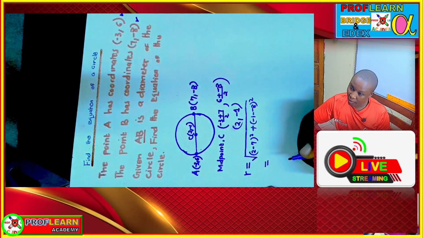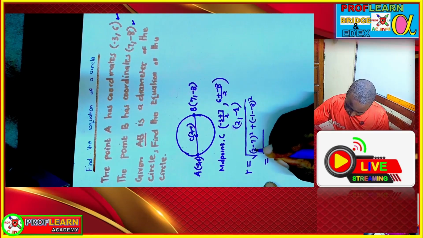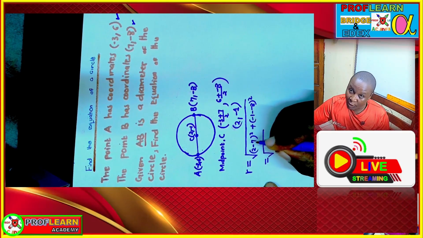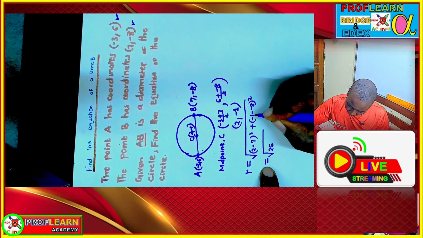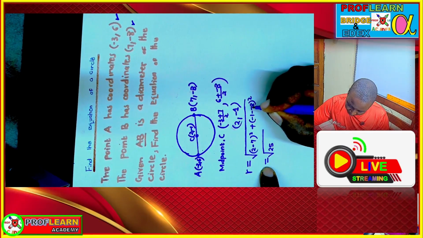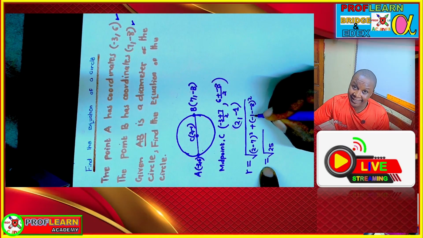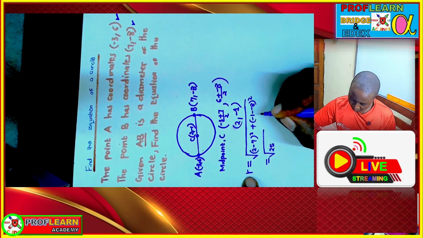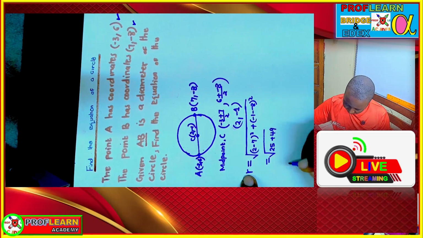So if we work it out, we are going to get the square root of 2 minus 7, which will be negative 5 squared, that is 25. Minus negative 8 will be a plus, so negative 1 plus 8 translates to 7. So 7 squared is going to be plus 49.